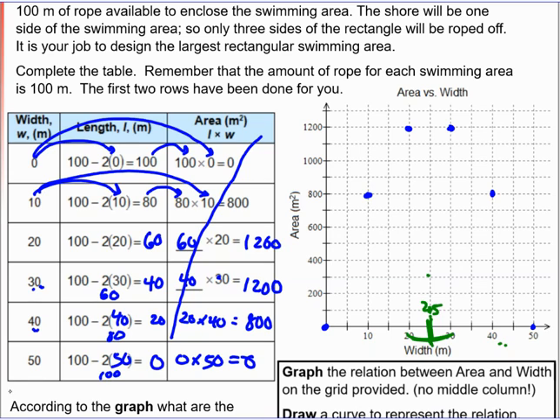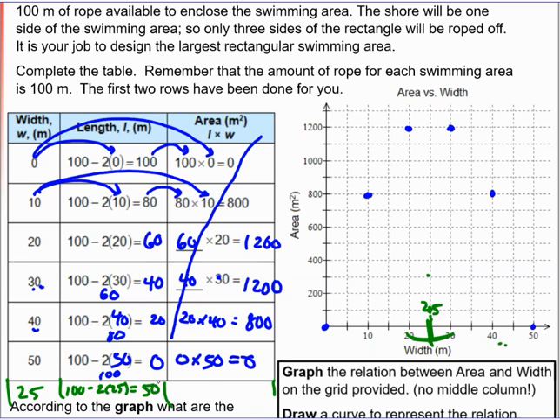So why don't we try it? We'll add another column here. If it's halfway between 20 and 30, we might as well test out 25. So 2 times 25 is 50. So 100 minus 50 equals 50.